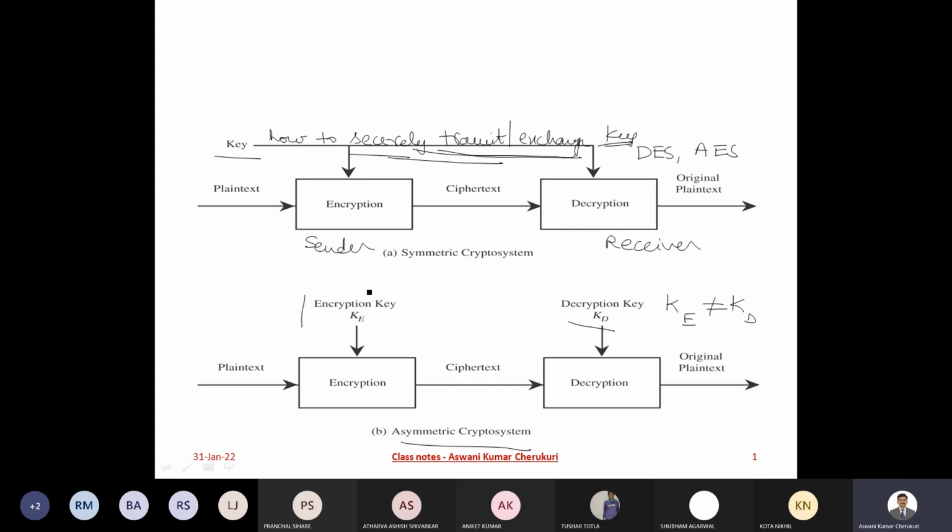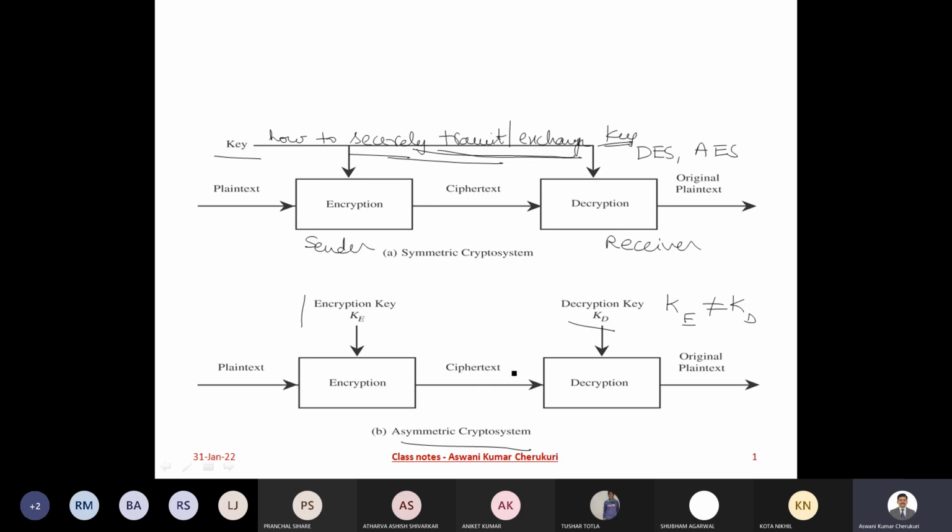If you look at asymmetric crypto systems, the common notion is that people think asymmetric crypto systems are more secure than symmetric crypto systems. No, it is not that. There is nothing that makes the asymmetric crypto system more secure than the symmetric crypto system.